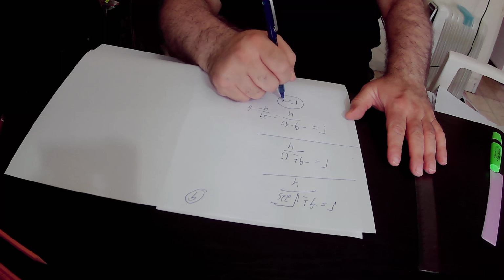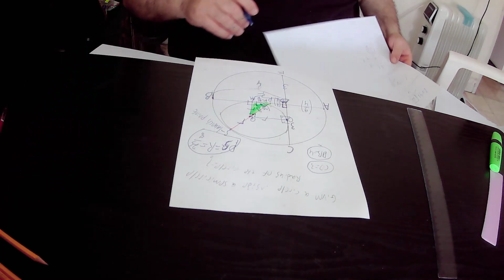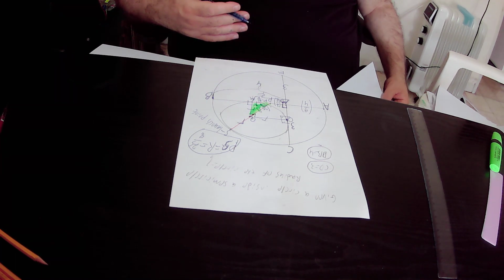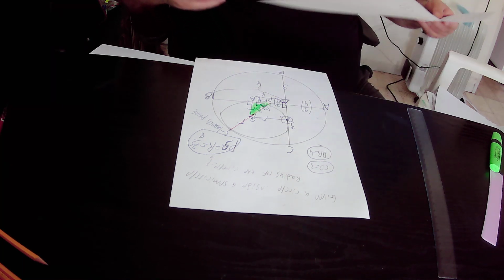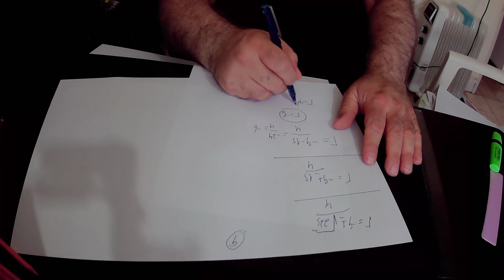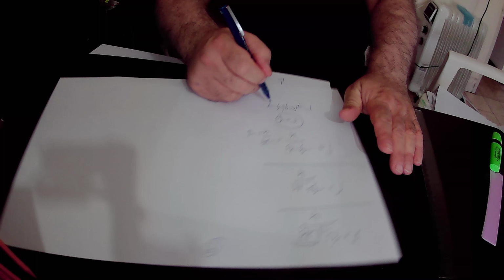That is a negative number, but r is the radius of this small circle, the length of the radius. So r is a length, and as a length it must be a positive number.